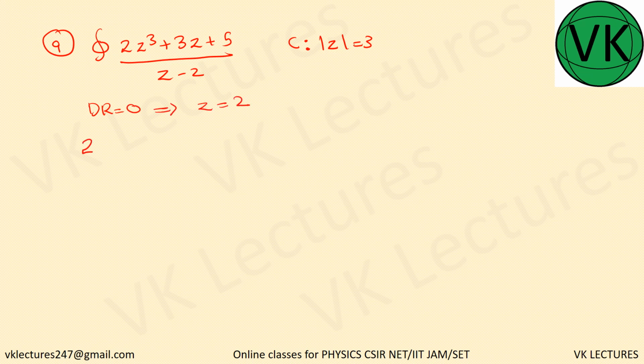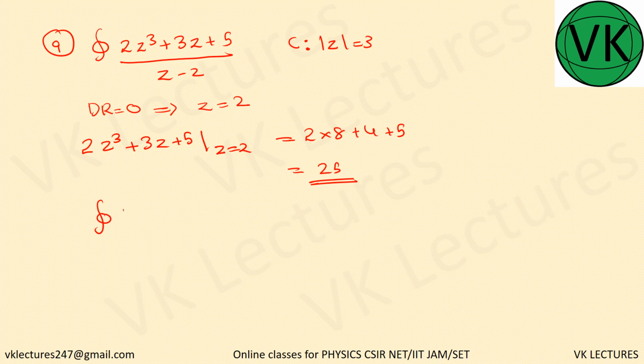So 2z cube plus 3z plus 5 at z equal to 2: 2 into 8 plus 4 plus 5, that is equal to 25. So the closed integral of f(z) dz is equal to 50 pi i.